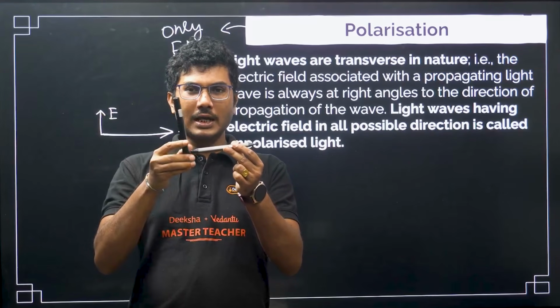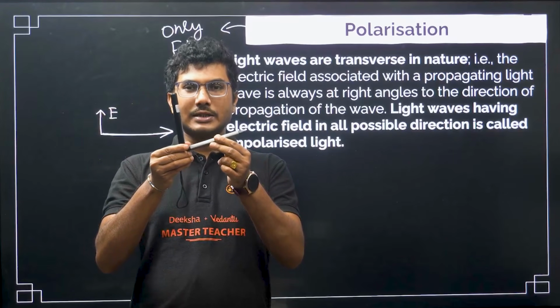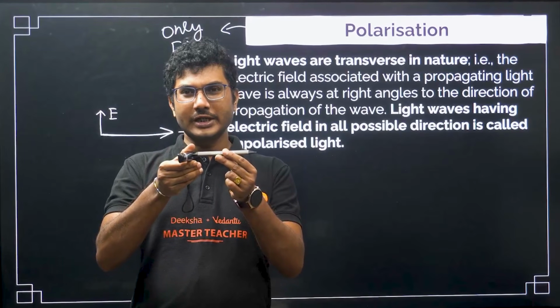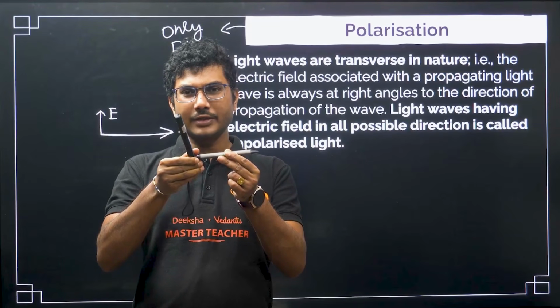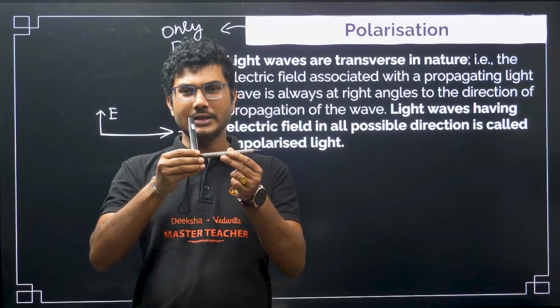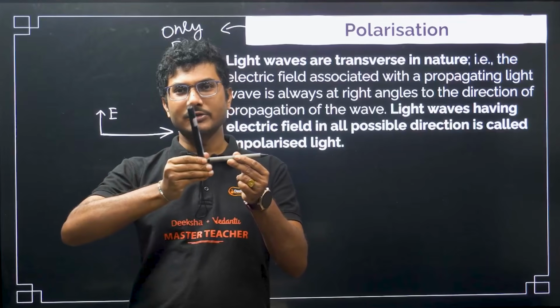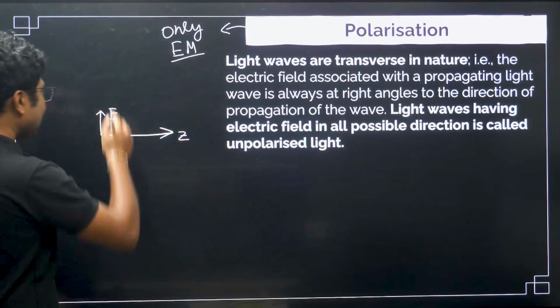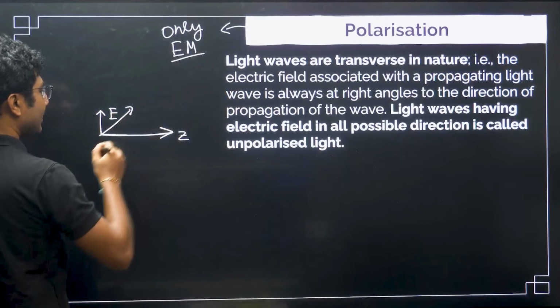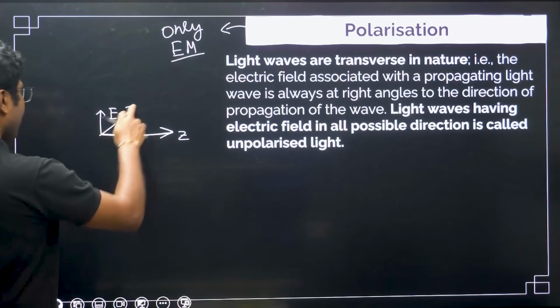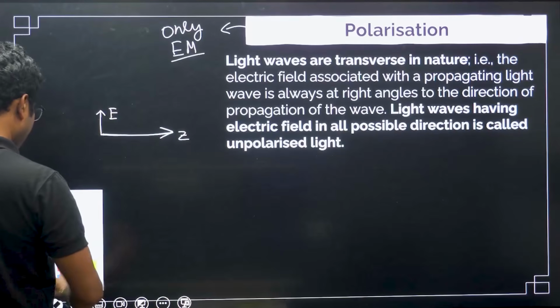Now, you can draw it like this, and this is also an electric field, this will also be an electric field. At every point it is a 90-degree angle only. So, you can draw an electric field like this, 3-dimensional. So, it is a perspective view. I cannot draw it 100% on the board.